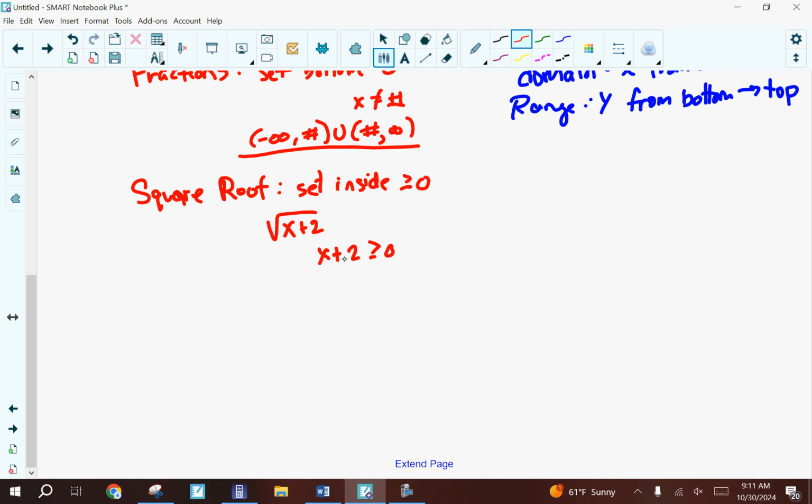This works with any number. We just subtract 2 as if that were an equal sign. So that's going to be negative 2. Then the domain for these square roots is always going to have a bracket. The farthest to the left, or the smallest number it can be, is -2, and then it goes right forever. So these ones are always written like this.